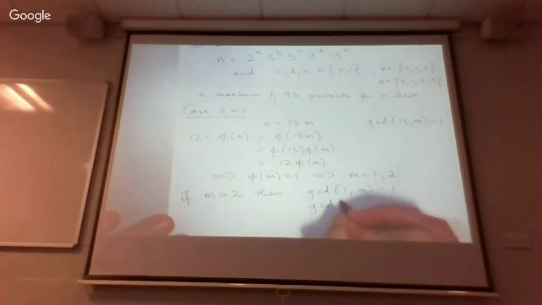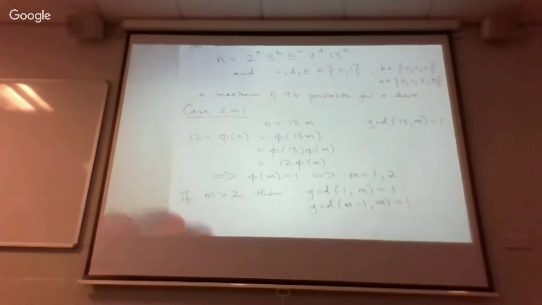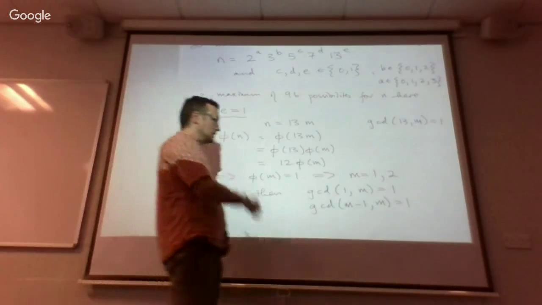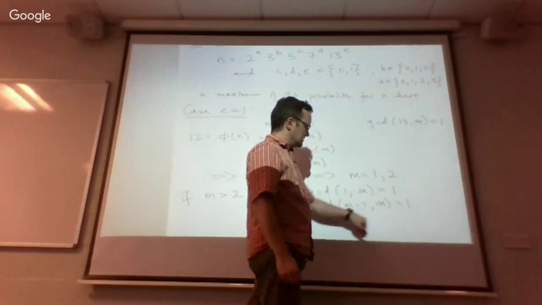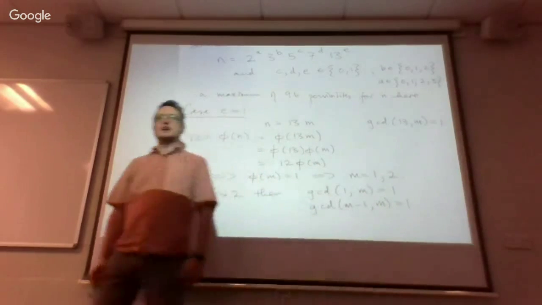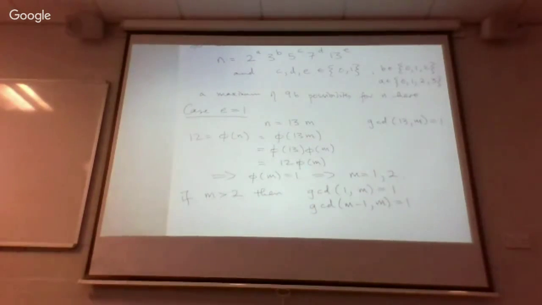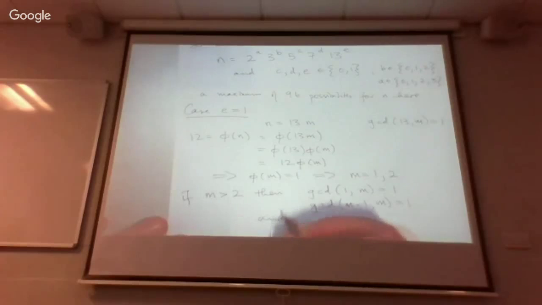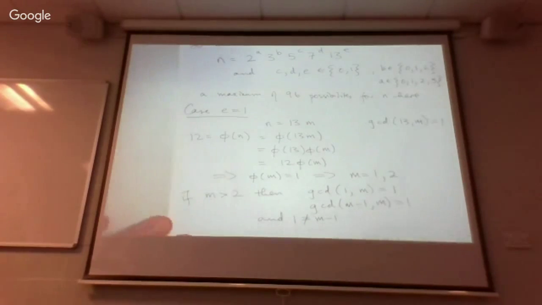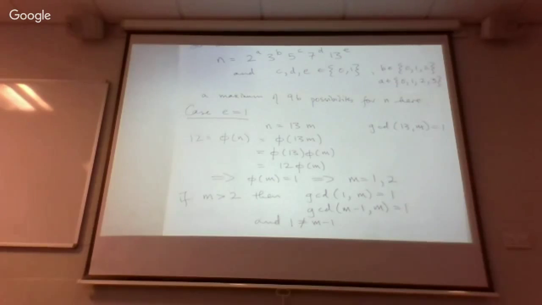And m minus 1 is always co-prime to m. 1 less than the number is always co-prime to the number, because there's a simple linear combination there which gives you 1. And if m is strictly bigger than 2, then 1 is not equal to m minus 1. So they are 2 distinct congruence classes.